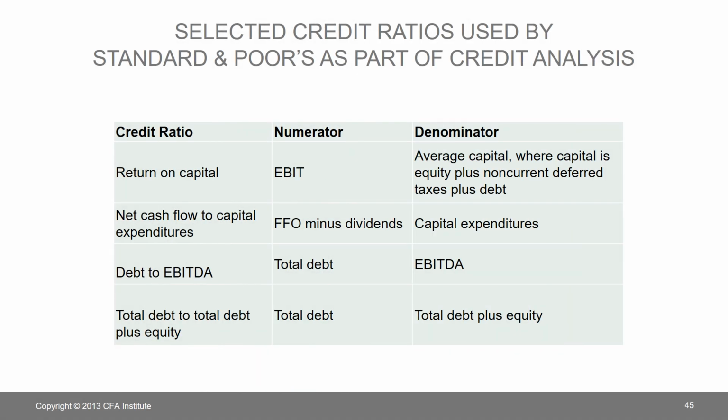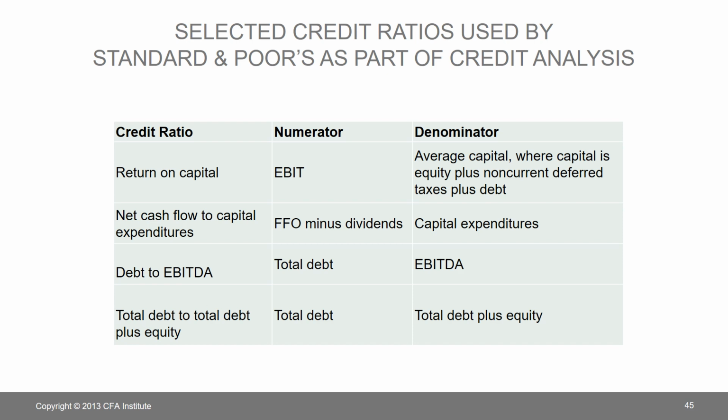Here we have a list of additional credit ratios used by S&P as part of credit analysis of industrial companies. Notice that we have the return on capital, which is calculated by EBIT over the average capital, where the capital is equity plus non-current deferred taxes plus debt. We have net cash flow to capital expenditures, which is calculated by FFO minus dividends divided by capital expenditures.